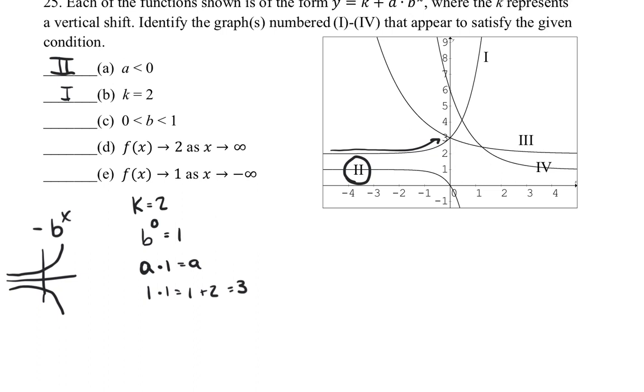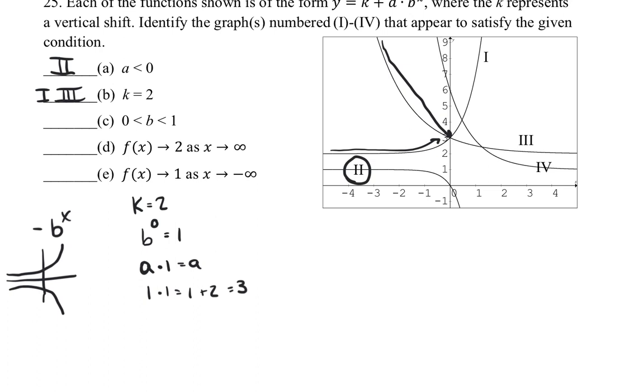But also, this graph here is at 3. So we can say that graph 3 is also at 3, and for that same reason, we can put 3 also. Sorry, I didn't put enough room on this line. 1 and 3.